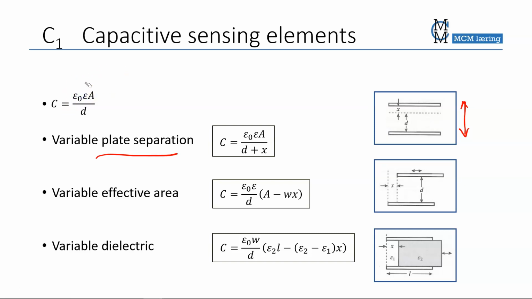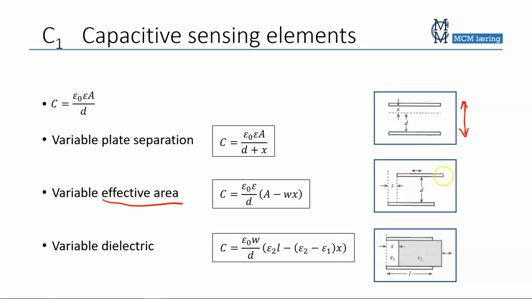If we have plastic, that would have an epsilon with a number that makes the overall epsilon higher than it was with vacuum. Anyways, we can manipulate the plate separation. That would be to manipulate the d. We can manipulate the effective area, which is the area that contains the electrical field, the overlapping area here.